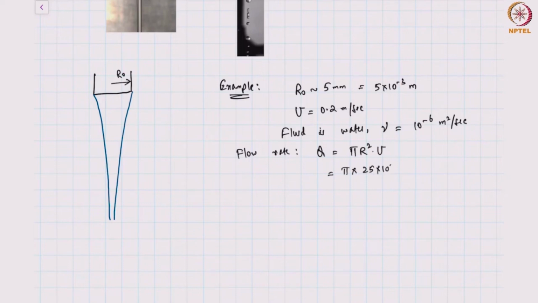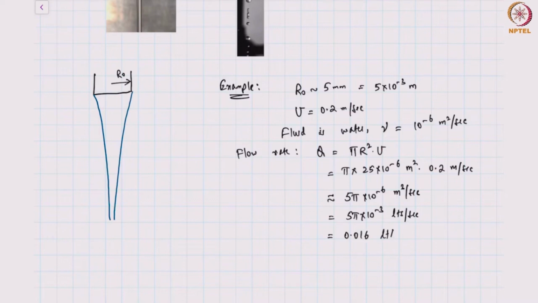The velocity is 0.2 meters per second, and this comes out to be about 5 pi into 10 power minus 6 meter cube per second, or 5 pi into 10 power minus 3 liters per second. This is 0.016 liters per second.